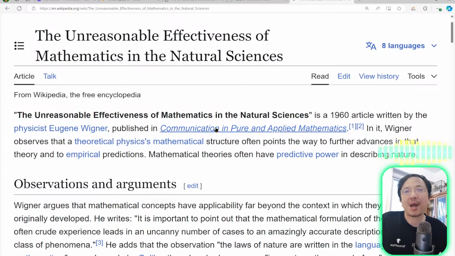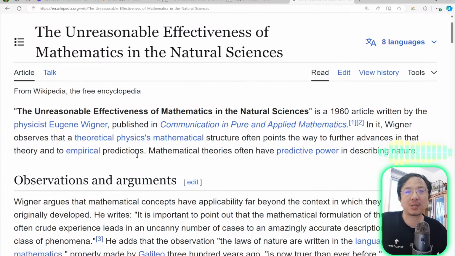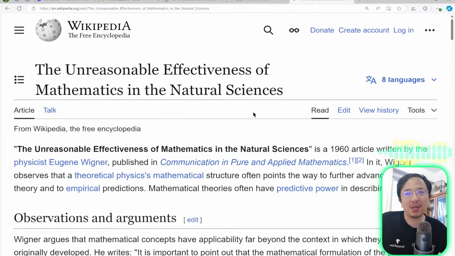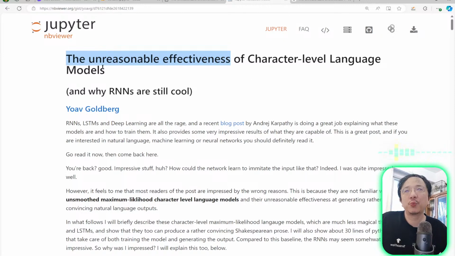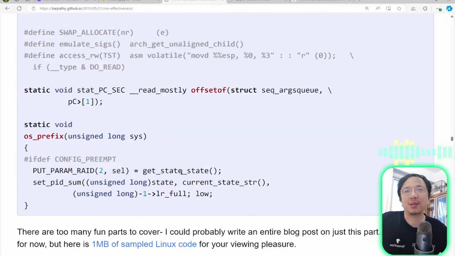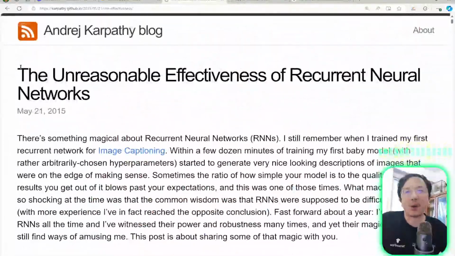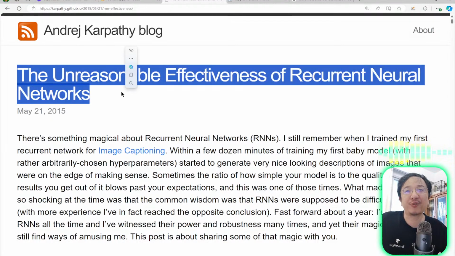This article became popular. It describes why we see mathematics everywhere in the natural sciences. Because it is famous, they use this title as a reference. Originally, this one is the first one. So this is how this title comes about.